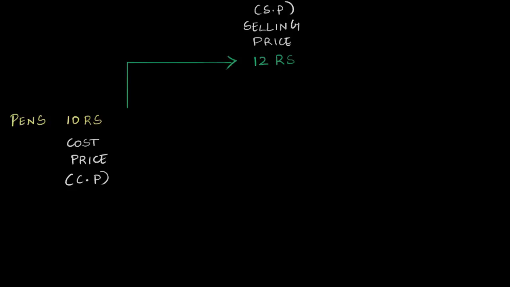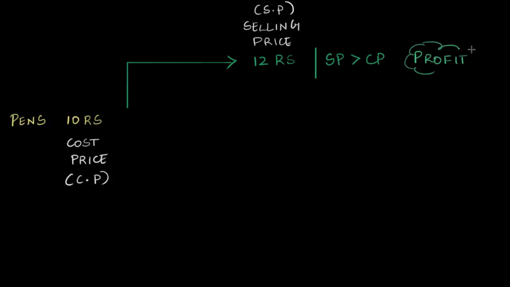And when your selling price is more than your cost price, like over here, you are a clever businessman. So you have SP minus CP is greater than 0. In other words, SP minus CP greater than 0 is another way of saying SP is greater than CP. When that happens, we say that you've made a profit.